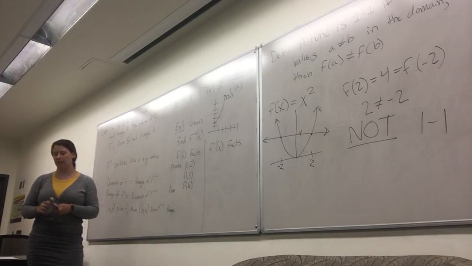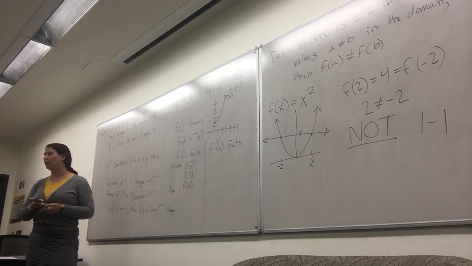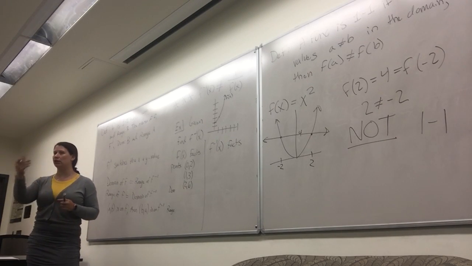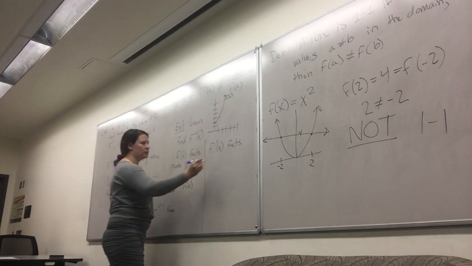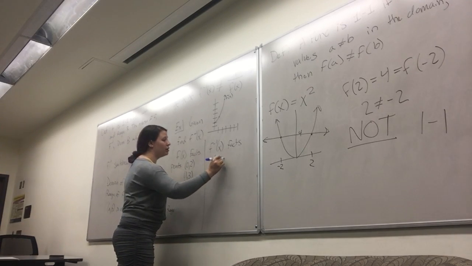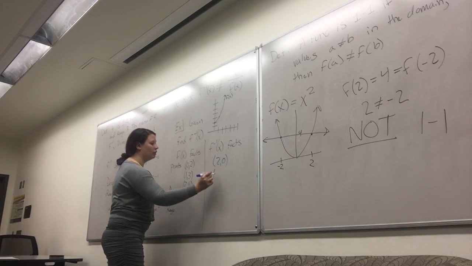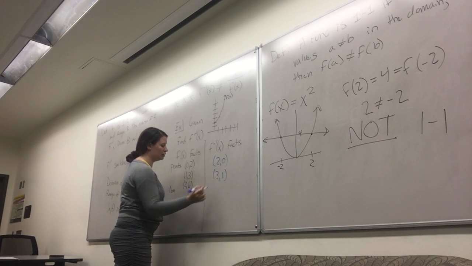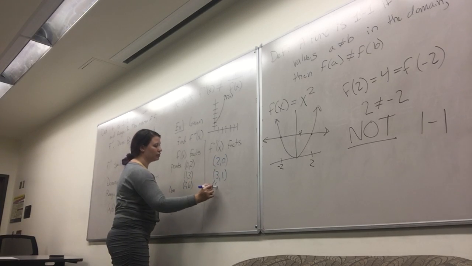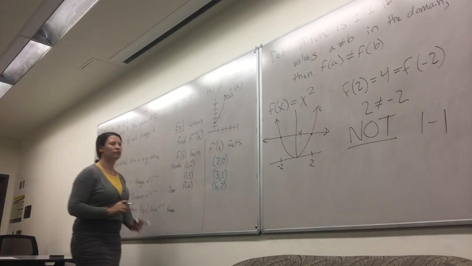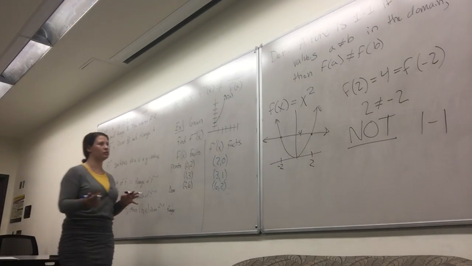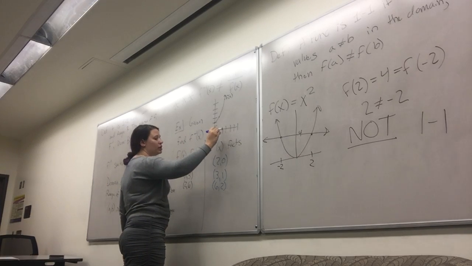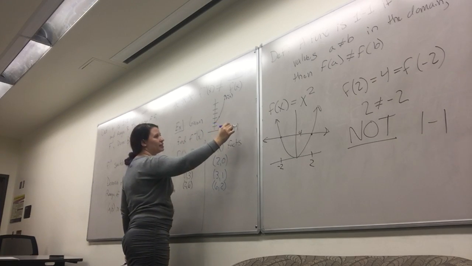Right? So what are those points when they are translated to being the inverse points? (2, 0), (3, 1), and (6, 2). They've just flipped, right? So let's plot those. We have (2, 0), (3, 1), and (6, 2).